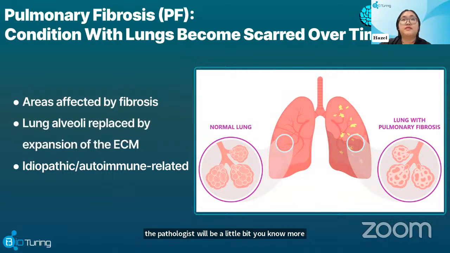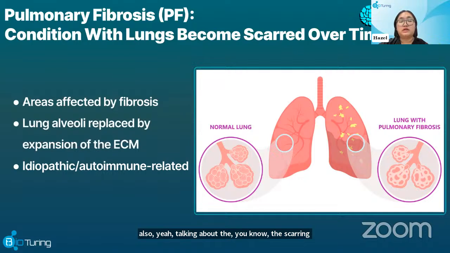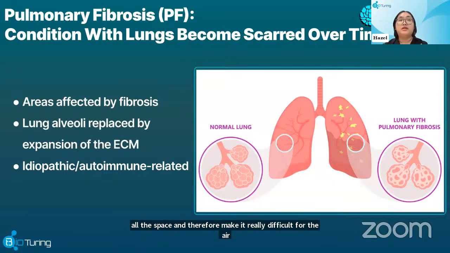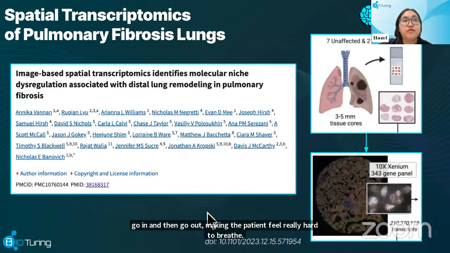Talking about the scarring lung, based on the figures here, we can see very clearly that in the lung with pulmonary fibrosis we don't really have much space. The scarring tissue takes up all the space and makes it really difficult for air to go in and out, making the patient feel it is really hard to breathe. So that's the overview of the disease.